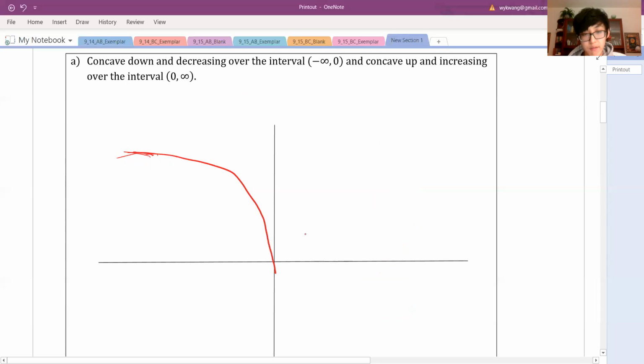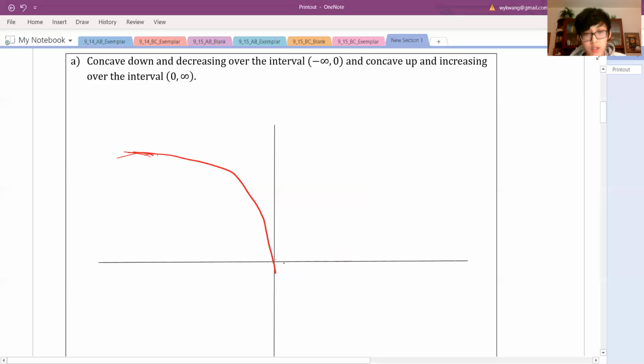In contrast, if it's concave down, let's say it starts off like this, and it goes like this, and like this. So this would still be concave down, because each tangent line is decreasing. We want the opposite of that. We want it concave up and increasing. Well, that should be pretty easy. We'll just draw it concave up, right? Again, each of the tangent lines, the slope is increasing. You can very clearly see that.